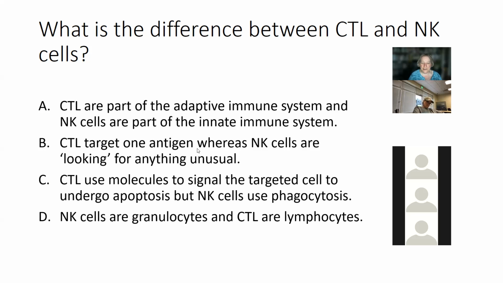CTLs target one antigen, whereas natural killer cells are looking for anything unusual. That's the correct answer. Yeah, natural killer cells are looking for either a reduction in MHC1 on the cells that they're checking, or they're looking for MHC1 that is displaying something that they recognize as a microbe-associated molecular pattern.